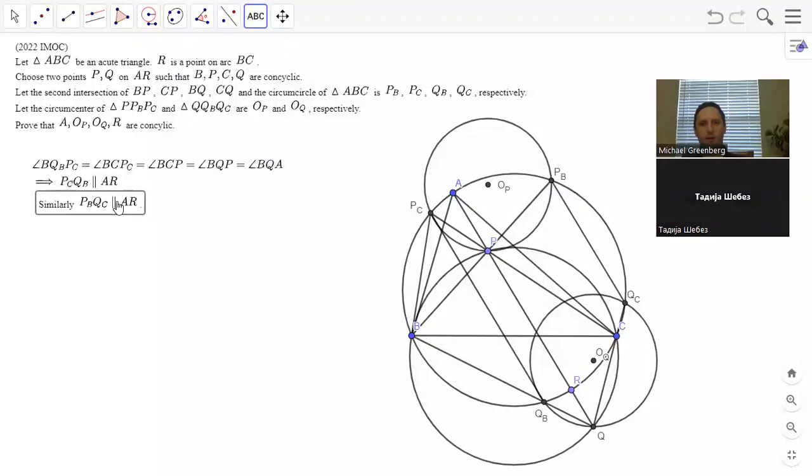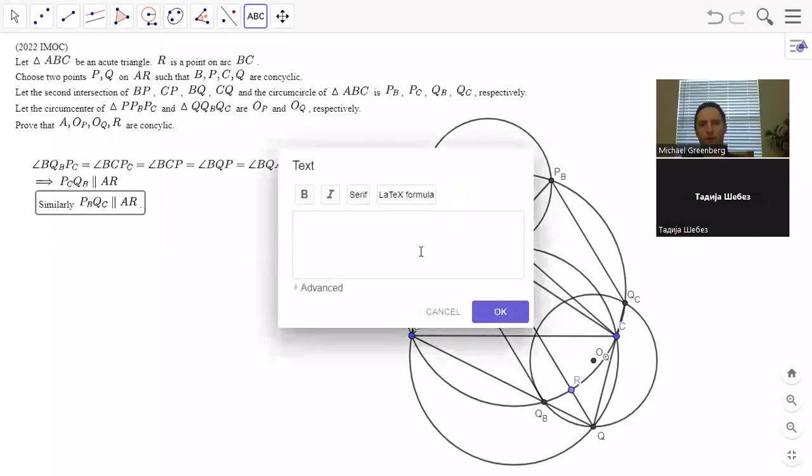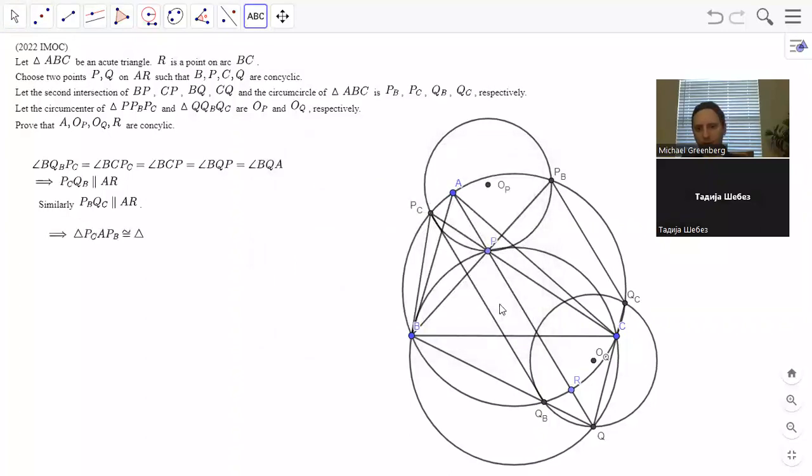And that implies that triangle PCAPB is congruent to triangle QBRQC.